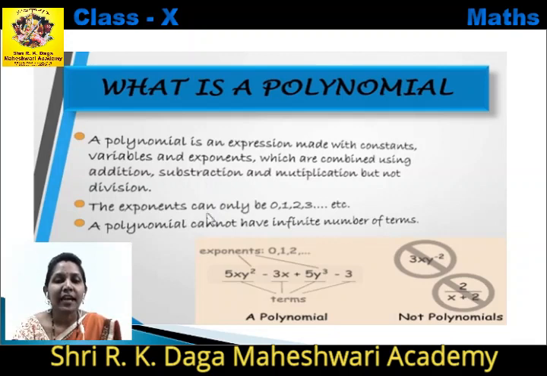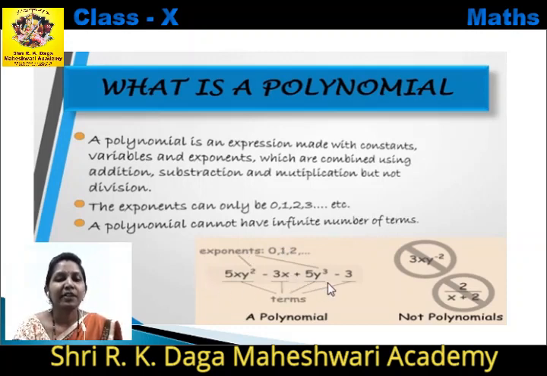The exponents can only be 0, 1, 2, 3 and so on, like all whole numbers. A polynomial cannot have an infinite number of terms because a polynomial has a finite number of terms.